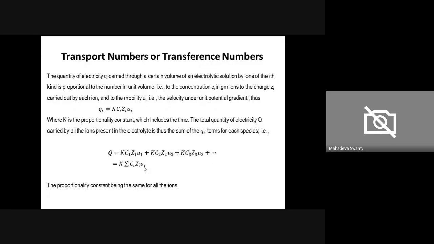So generally they represent this as capital Q equals K, the proportionality constant, times the summation of Ci Zi Ui. Here the proportionality constant is the same for all the ions.